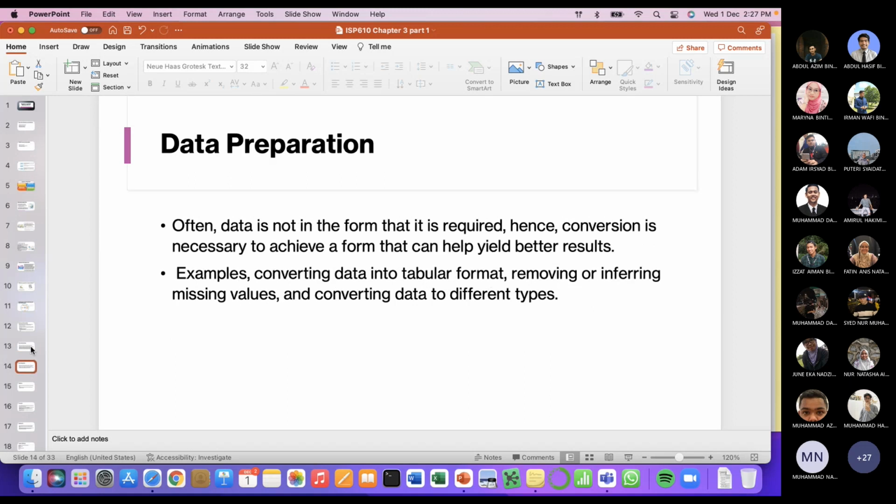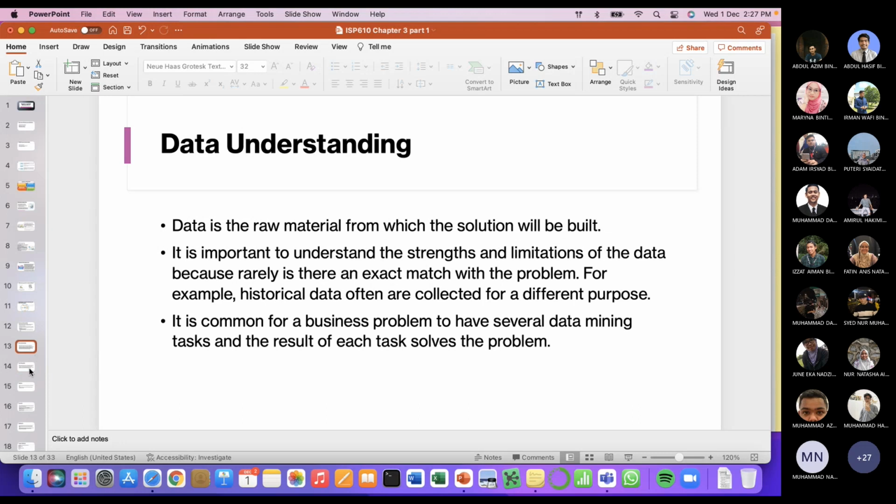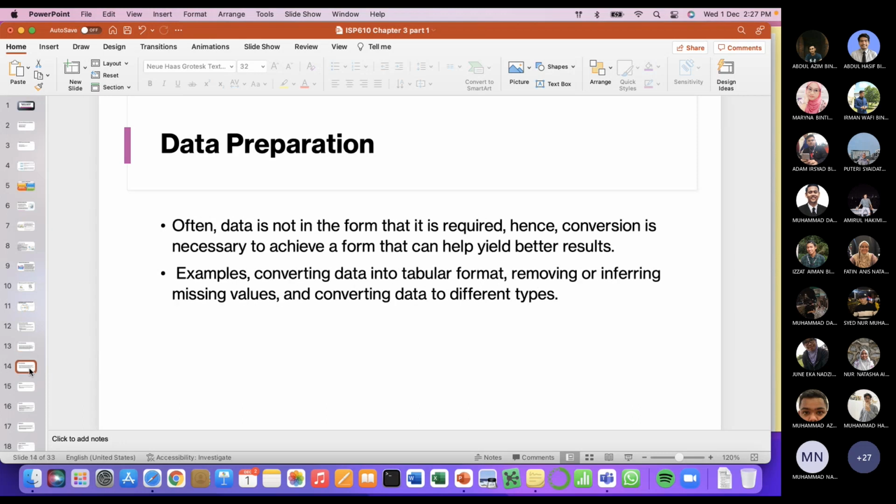Okay, after understanding all about the data, it's time for you to do data preparation. So data preparation, benda yang you dah belajar dalam machine learning, we have the data pre-processing punya section, and in data mining also you have learned about this, how to deal with missing values, how to deal with the outliers, apa lagi, how to do transformation, how to do normalization, everything.